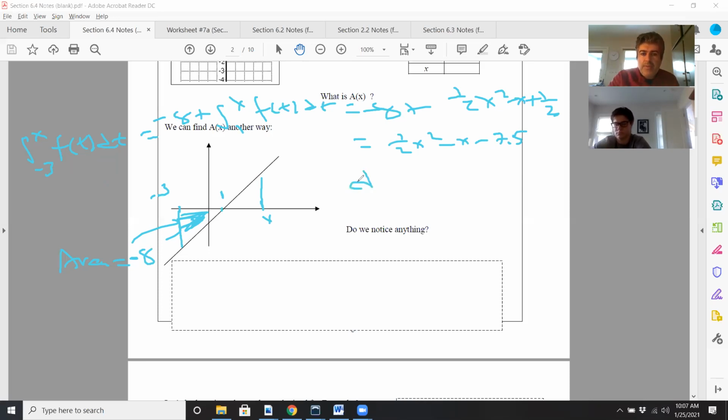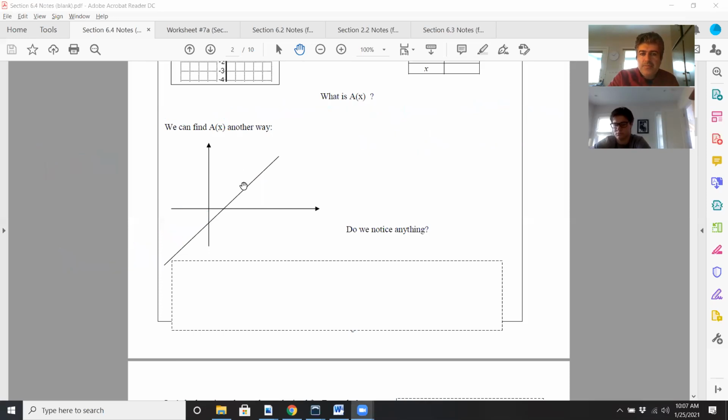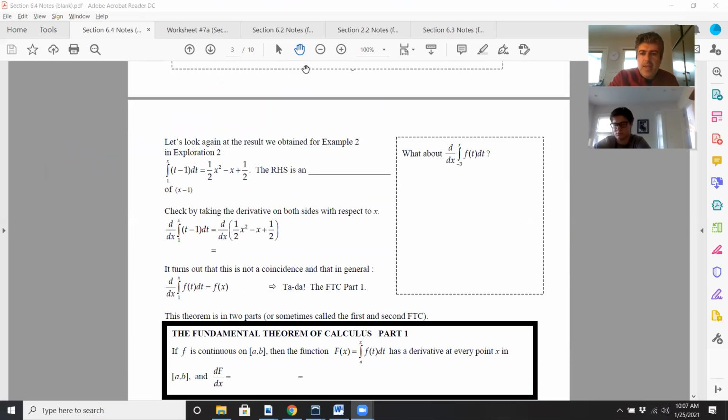Well, if I do the derivative, so now if I go to the box down here, if I do the derivative of this integral, which was 1/2 x squared minus x minus 7.5, I still get x minus 1, because 7.5 actually goes away because it's constant.